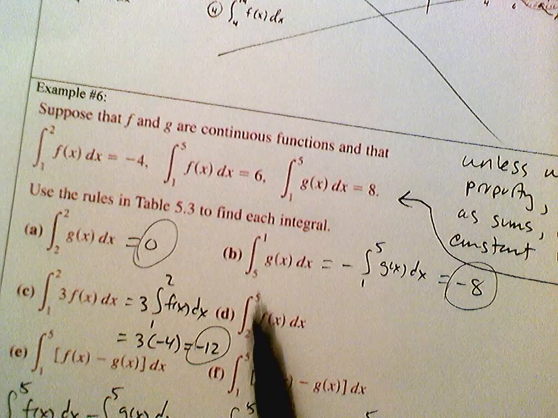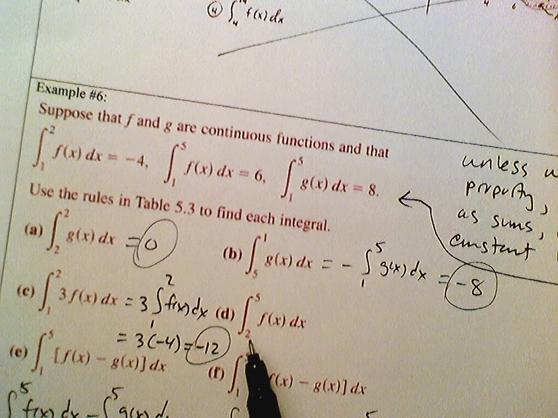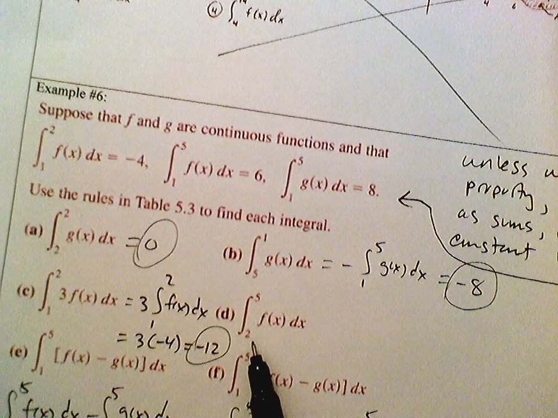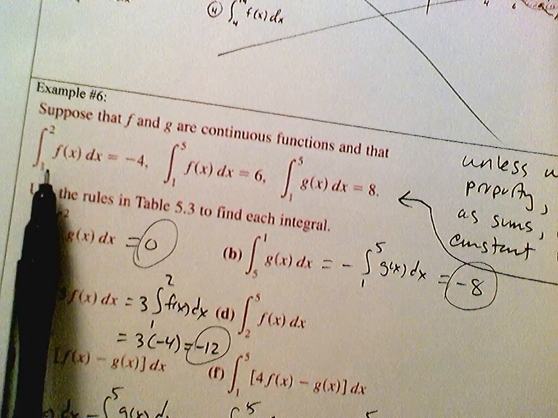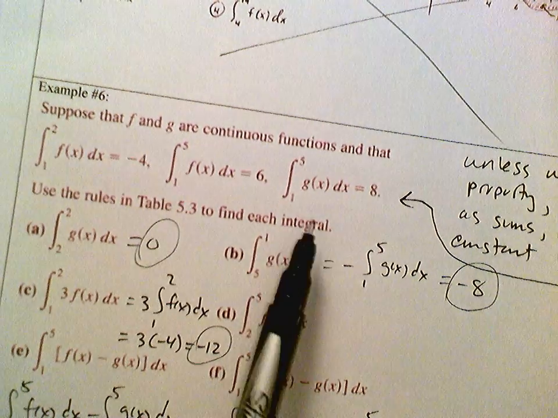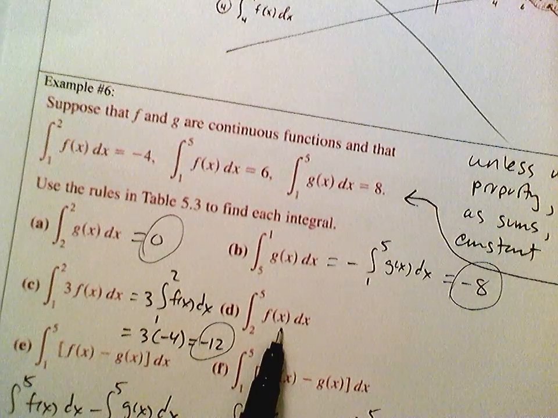So I have to ask myself, can I express the interval 2 to 5 as a sum or difference of the intervals 1 to 2 or 1 to 5? I don't even have to worry about this integral because we're only working with the function f of x here.